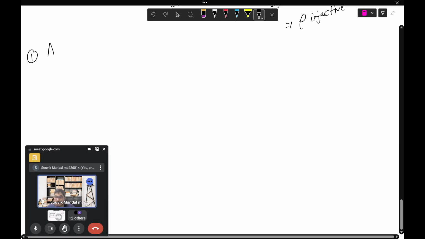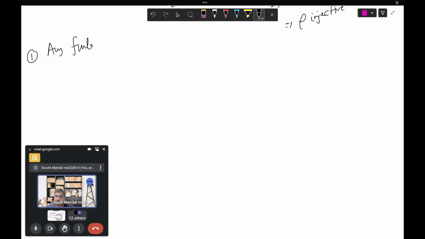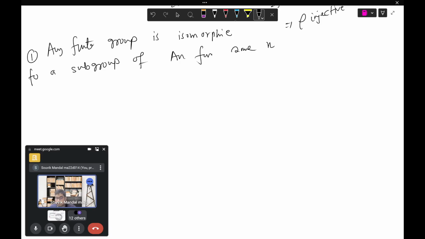Using Cayley's theorem, prove that any finite group is isomorphic to a subgroup of An for some n.